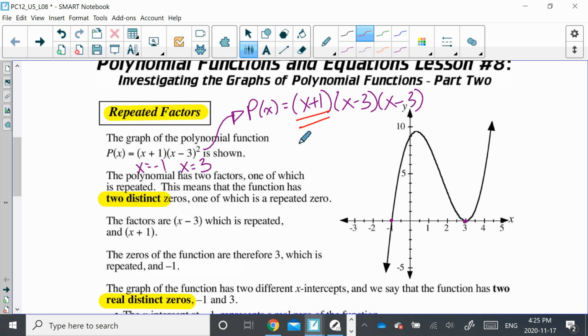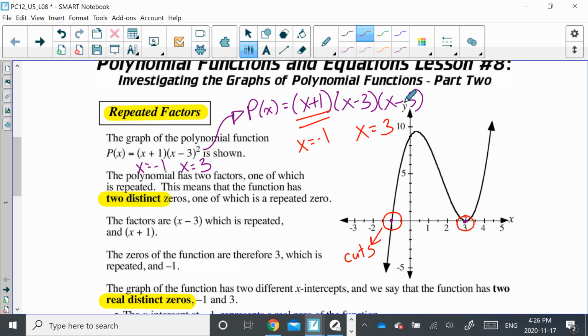One distinct x-intercept is x equal to -1, which will be right here, and at this x-intercept the graph cuts through. The other distinct x-intercept, and it's just a repeated 0, is x equal to 3. So there are 2 distinct zeros. That's my other x-intercept right here.